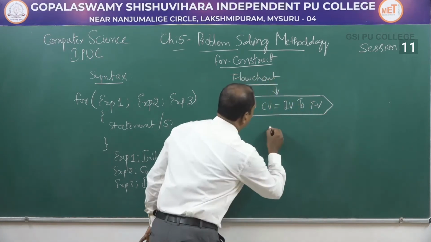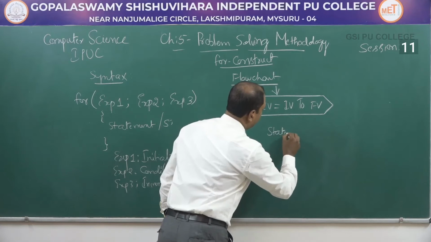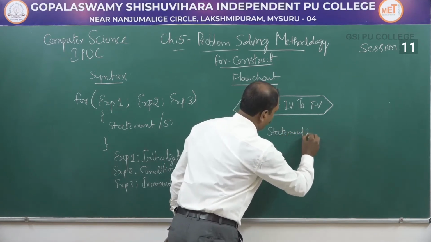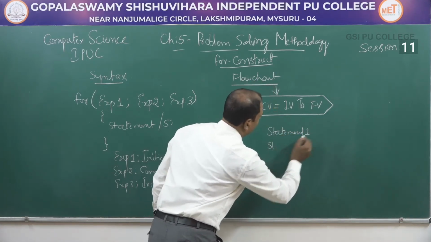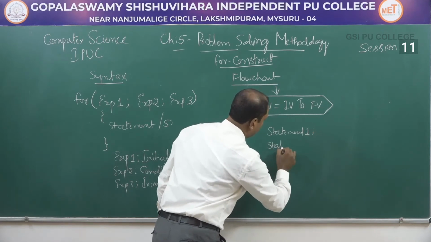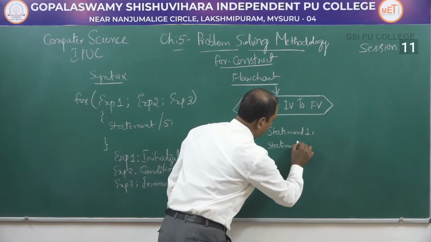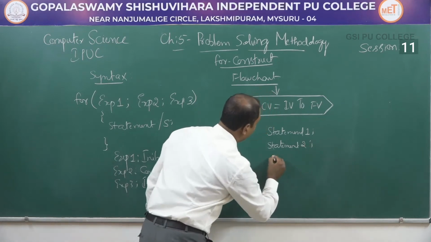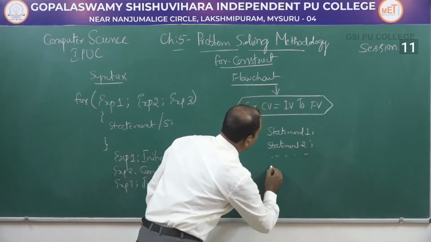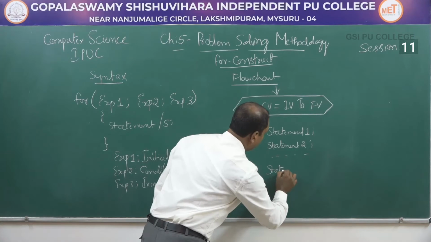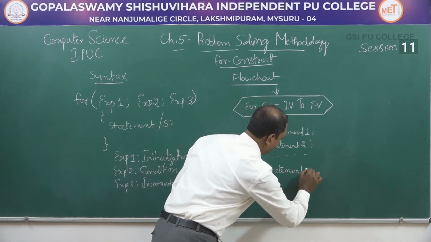And after this we have statement 1 semicolon, statement 2 semicolon, dot dot dot, statement n.